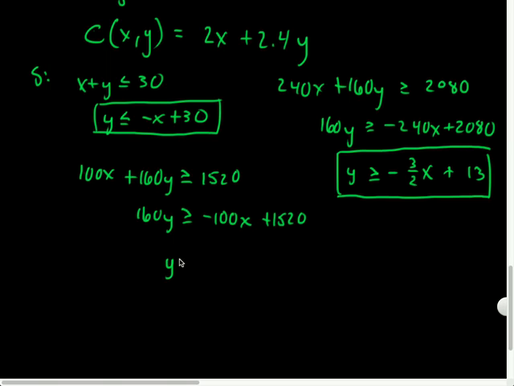Then I divide. I wouldn't have to flip the inequality because I'm dividing by a positive. And this will be negative 10 over 16. Both of those are divisible by 2, so that's negative 5/8 x, I believe. And 1520 divided by 160 is going to be plus 9.5.